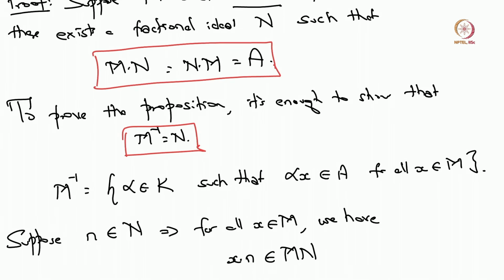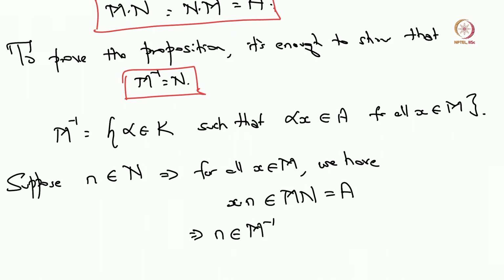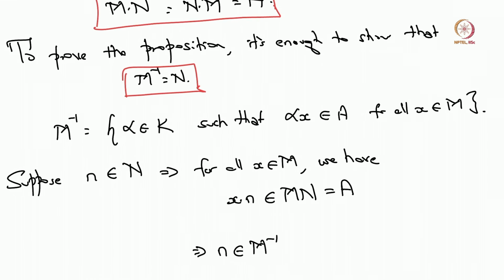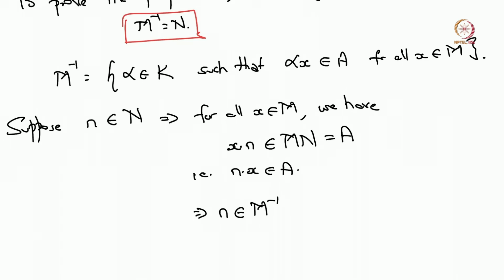And by hypothesis this is A, and so what this means is that little n belongs to M inverse, since if you give me an arbitrary element x in M, n times x belongs to A. And so thus we have one inclusion, that n sits inside M inverse.